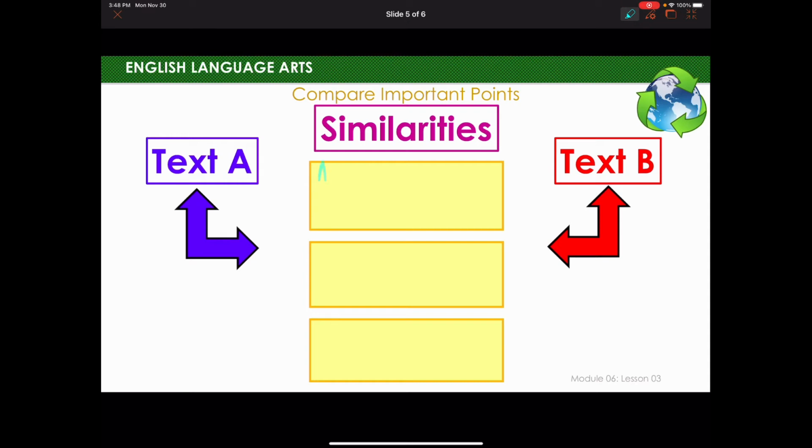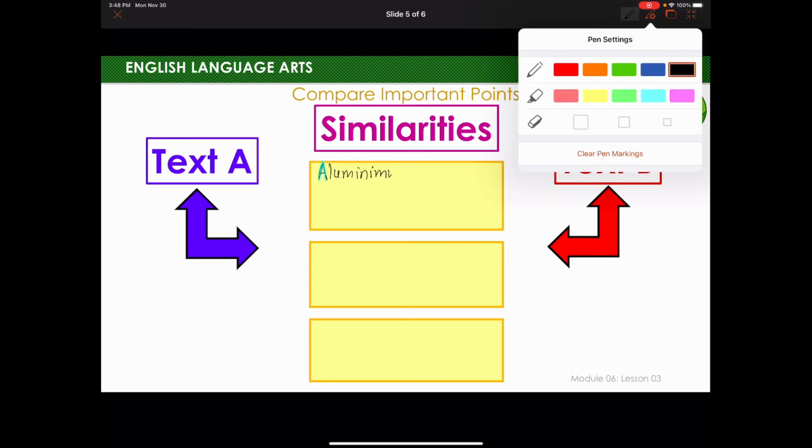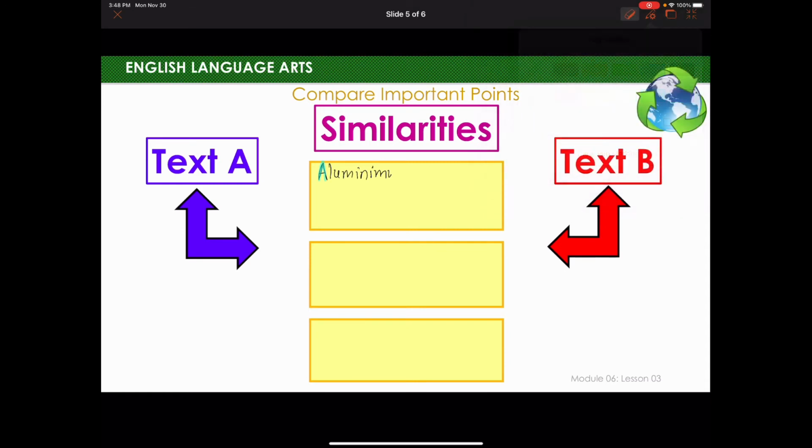They both talked about how aluminum can be used to make other things.